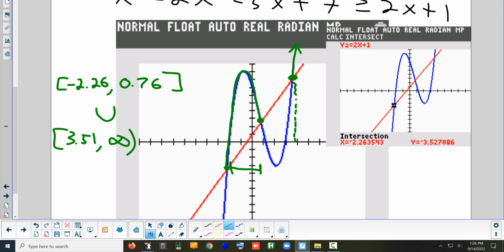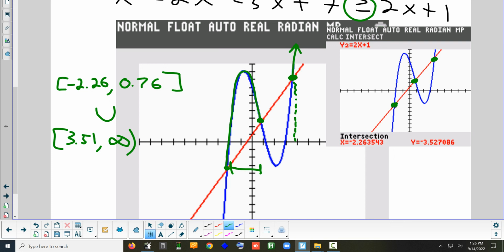Now, if they said, where is it below? If they took this sign and flipped it, well, then your intervals would just be switched. It would be from here down, so negative 2.26 going down forever, and between 0.76 and 3.51.